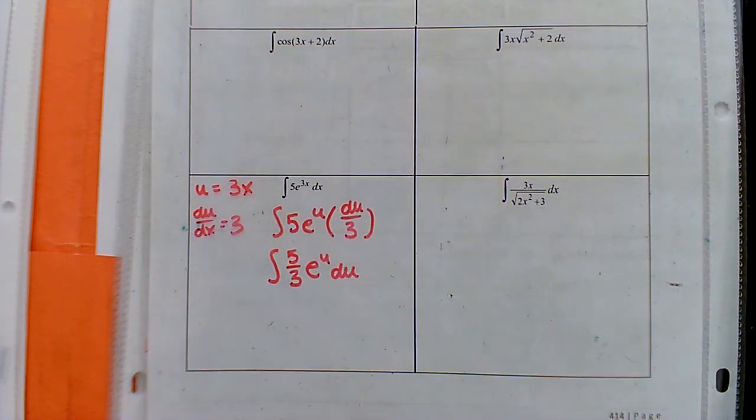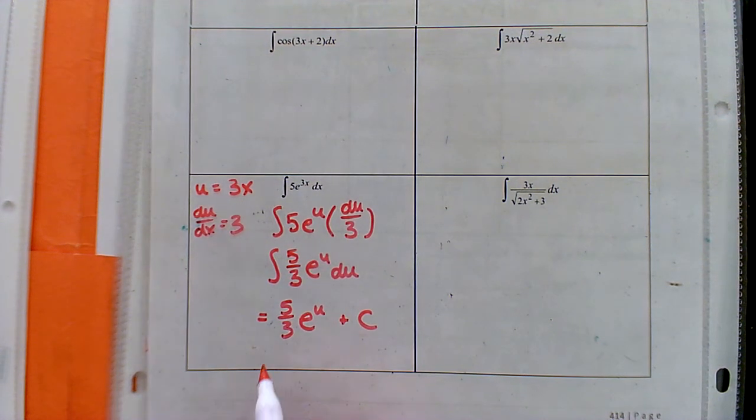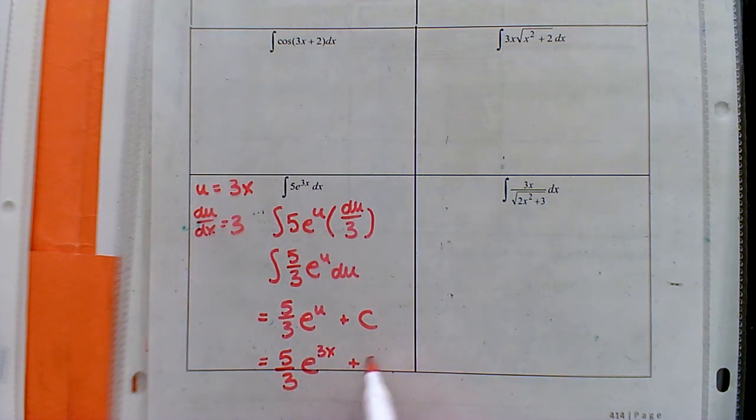All we have to do is work backwards from e to the u, which is one of the 5 that we have. So we'll keep the 5/3 coefficient. If we work backwards from e to the u, we get e to the u. We don't know the bounds, so we need the plus c. And last but not least, we said u was 3x.